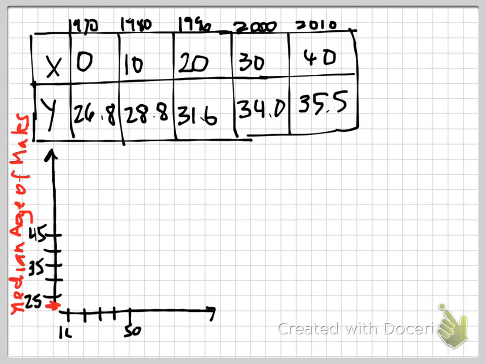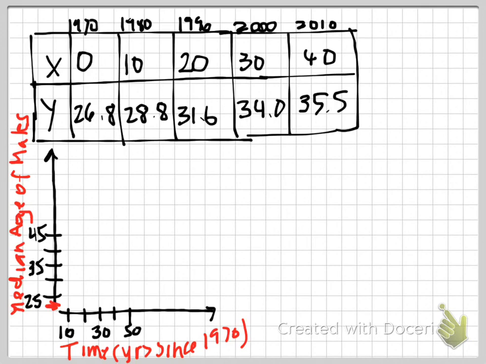So they're missing the 10 and they're missing the 30. So they have a different interval for the time. And again, years since 1970, which they already have written in there. Okay, so then we would go ahead and plot those numbers.